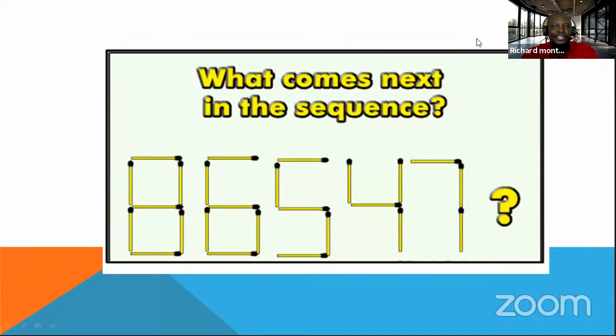All right, I'm going to ask that you select one more person who's just going to explain how they saw that the next in the sequence would be 1. Okay, Damani Thomas. All right, Damani, you're up. Please unmute and share your observation, Mr. Detective.